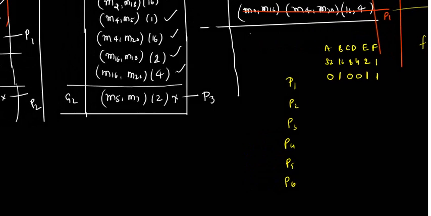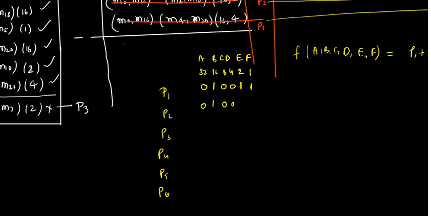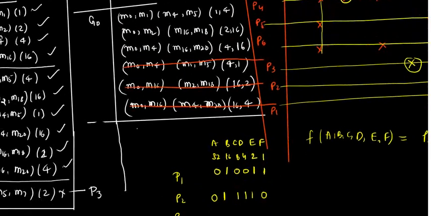P2 is 30. 30 means 16, 8, 16 and 14, right? P3 is M5, M7 and the difference is 2.